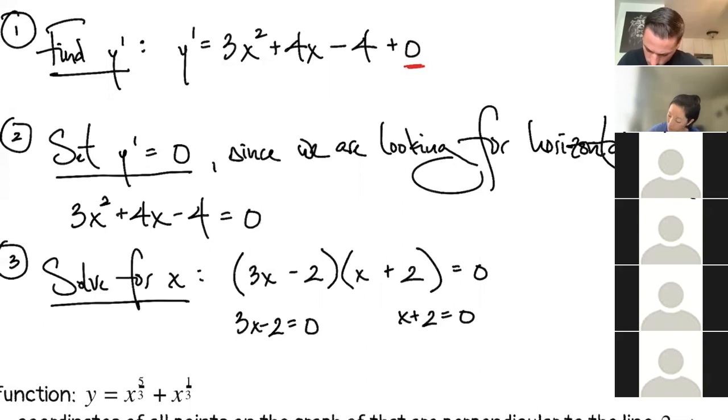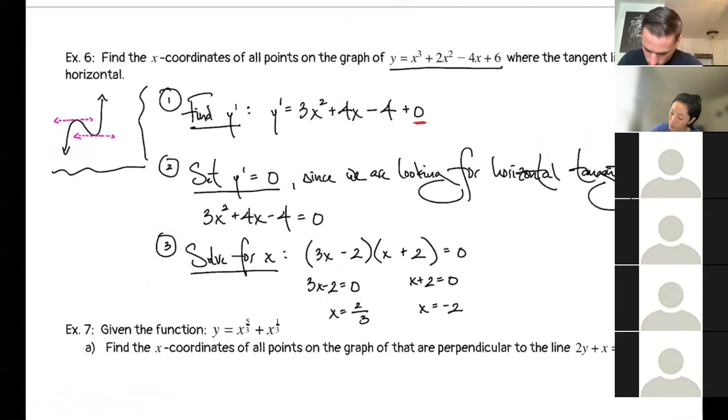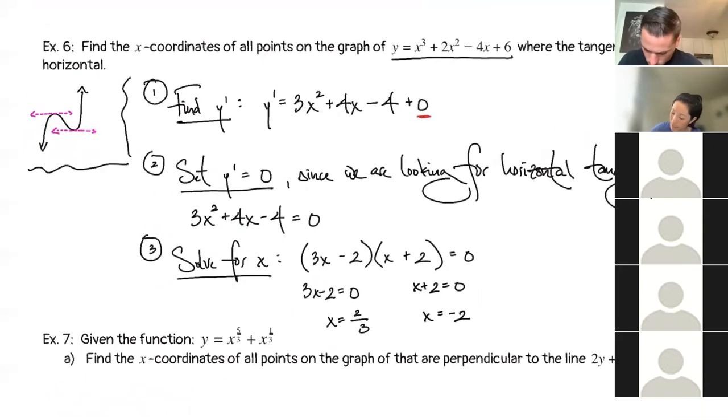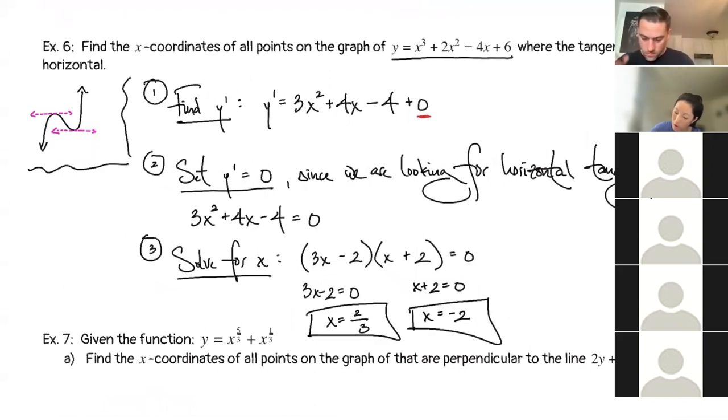Then we'll end up with x equals 2/3 or x equals -2, okay? And so what that means is that these two x values correspond to these two places where the slope is 0.